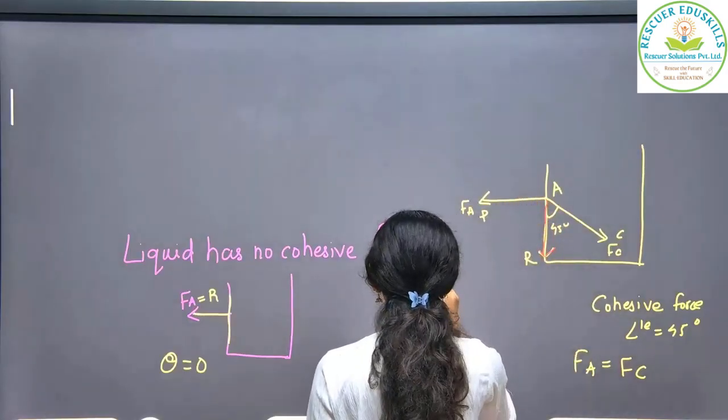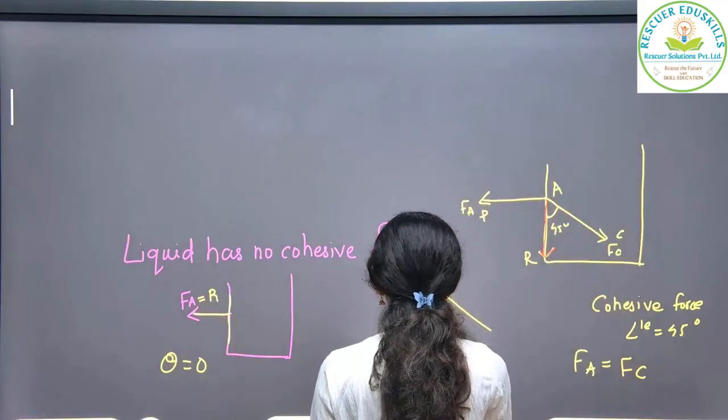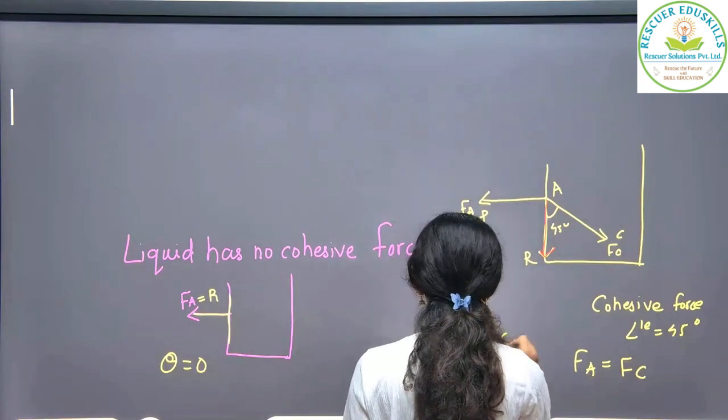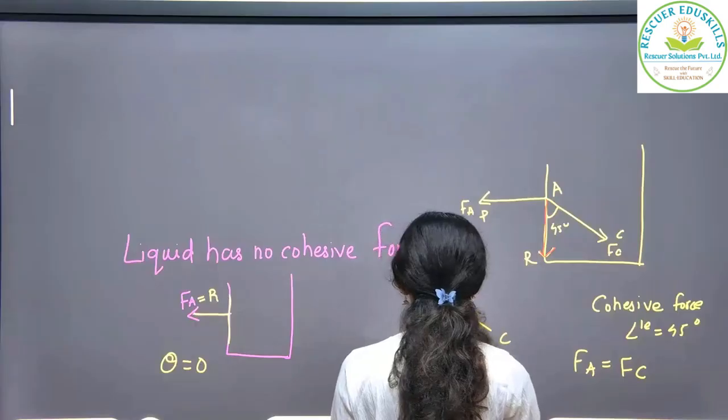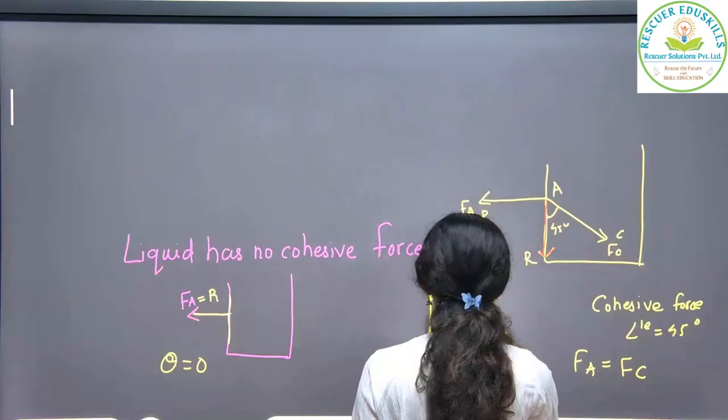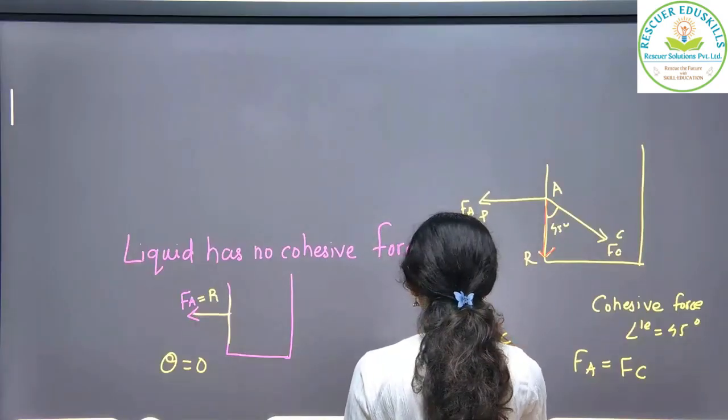So we can write this as APC. This is basically the resultant.